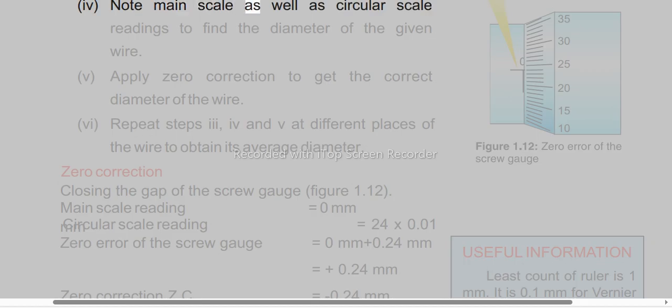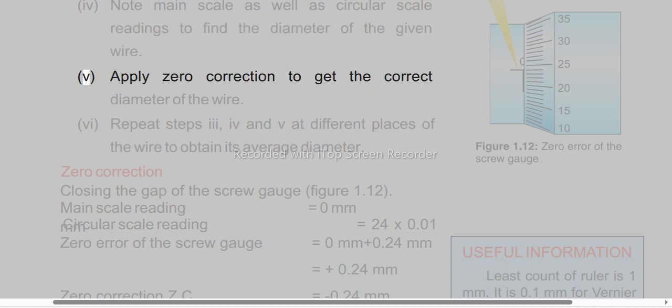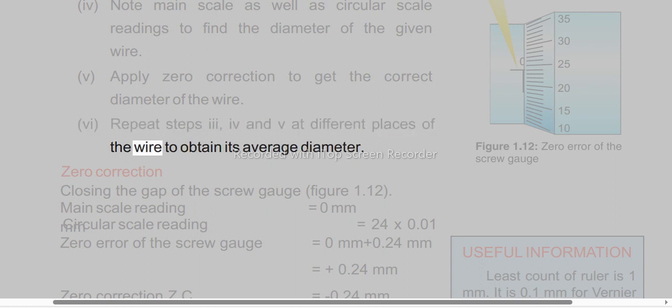Note main scale as well as circular scale readings to find the diameter of the given wire. 5. Apply zero correction to get the correct diameter of the wire. 6. Repeat steps 3, 4, and 5 at different places of the wire to obtain its average diameter.